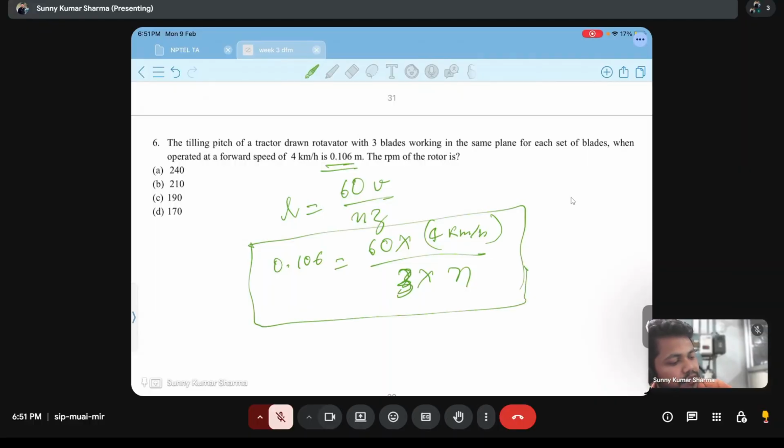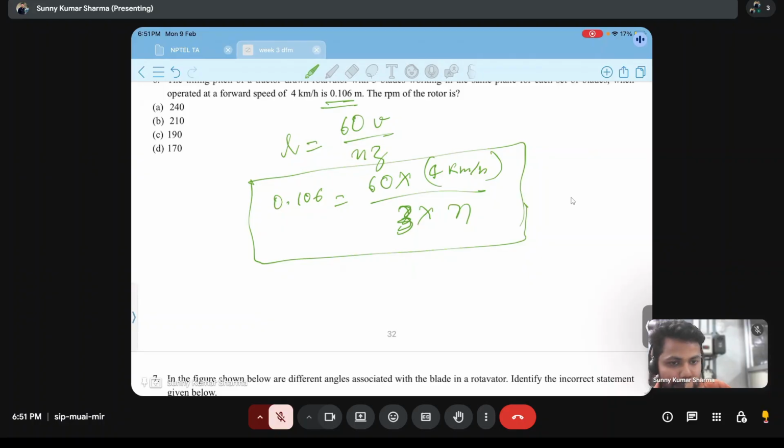This is a direct numerical problem. You will solve for the value of N, you will get this.